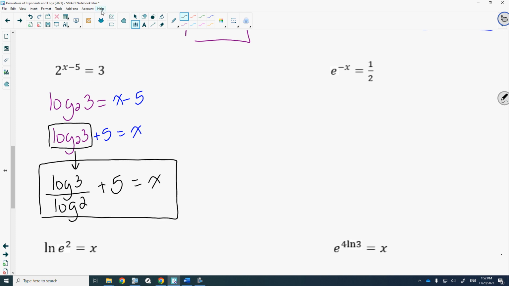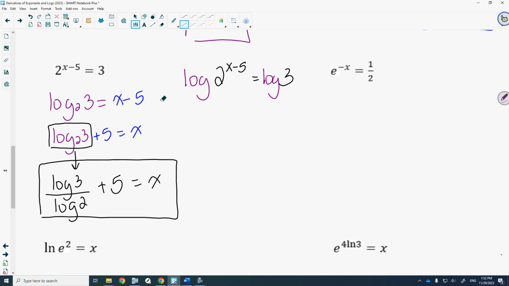The other method that we did in 30-1 is we logged both sides of an equation. So what we have is 2 to the power of x minus 5 is equal to 3. I won't change anything if I log both sides. I'm not changing the equation by logging both sides because I could get rid of this log by dividing it out, right?